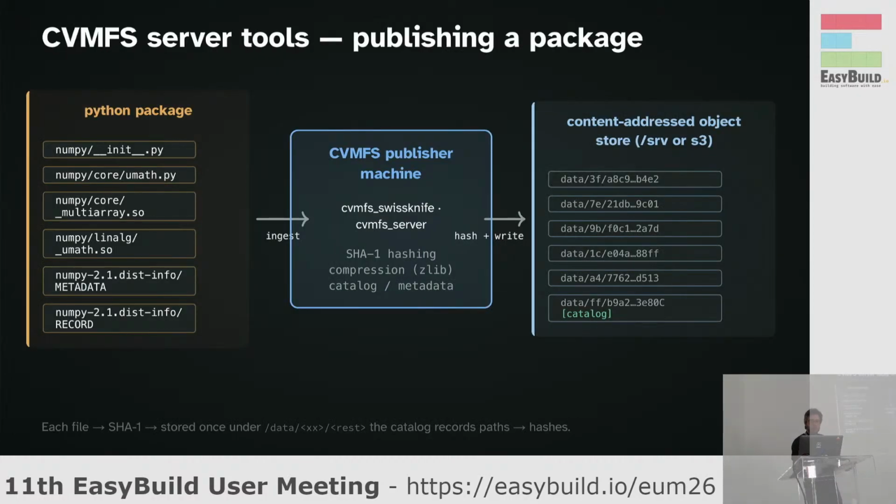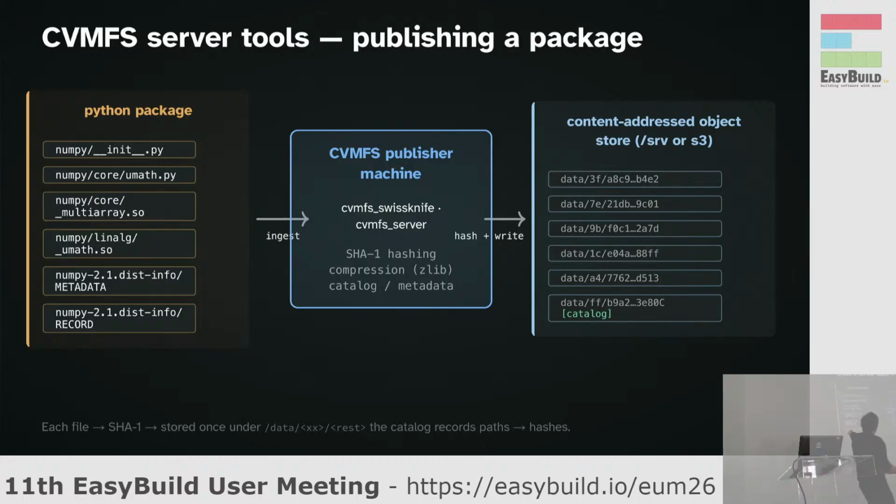So the basic idea about these server tools, the secret of CVM-FS if you want, is that what we serve is data from a content addressed object store. We take all of the files that would be in some package, here's Python, and then we use these tools to compress them and hash them and place them in this hashed, content addressed format.